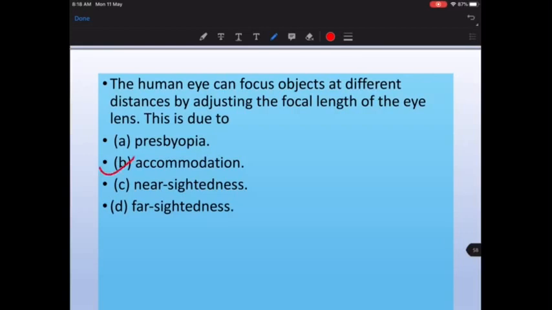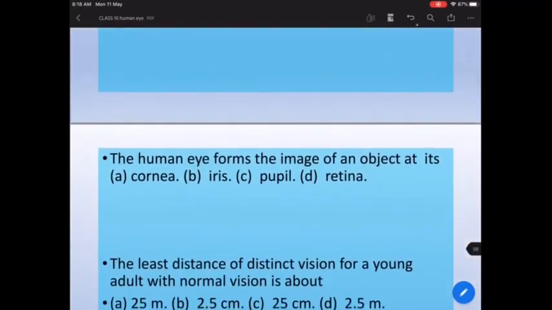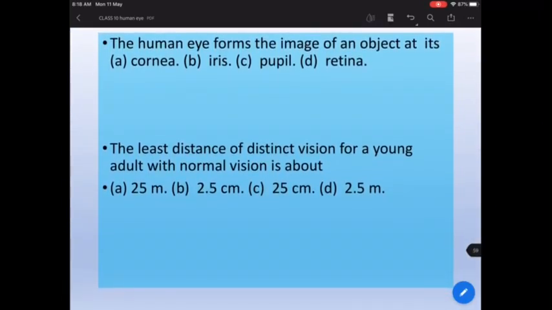So option B is correct. The power of accommodation comes because of the ciliary muscles. The ciliary muscles will expand and contract, because of which the shape of the lens changes, which helps us to see the distant object as well as a nearby object. Okay, this was pretty easy.